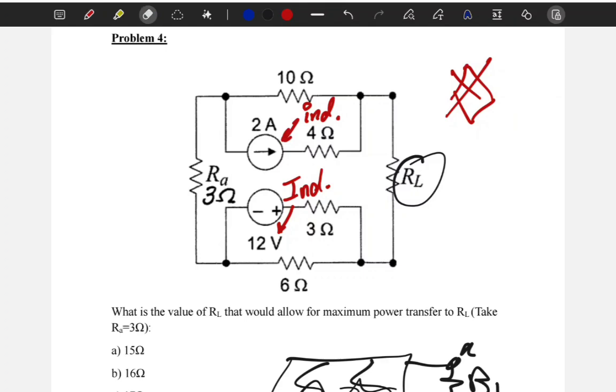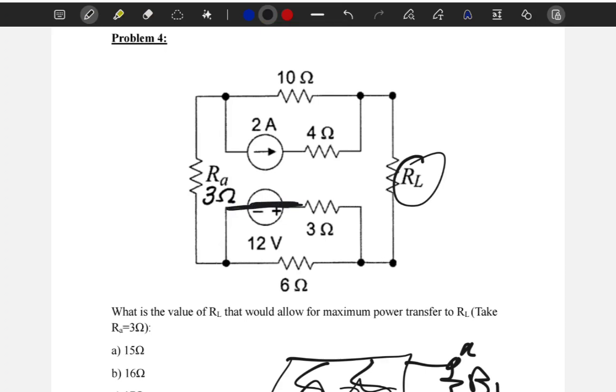So I'm going to deactivate this voltage source right here. Deactivating it is going to be a connecting wire, and we deactivate this 2 ampere source, which is going to be an open circuit. So nothing exists in here.